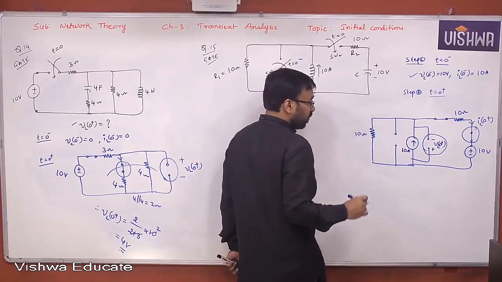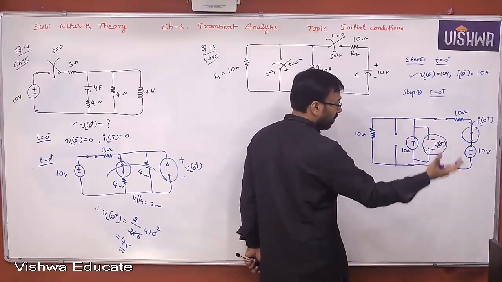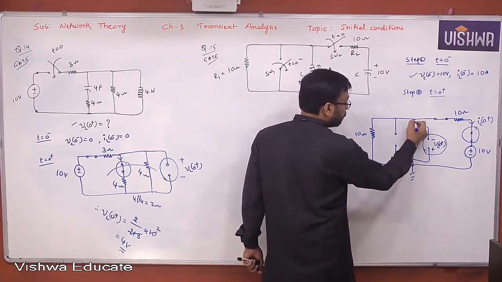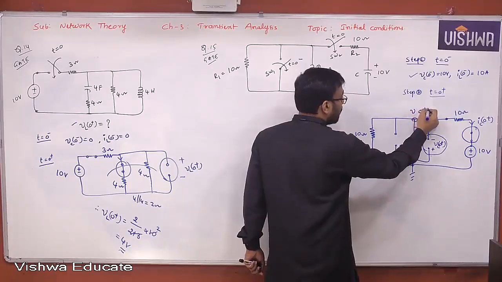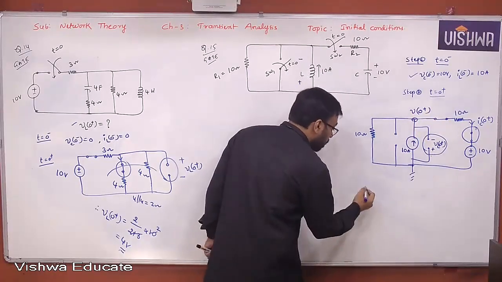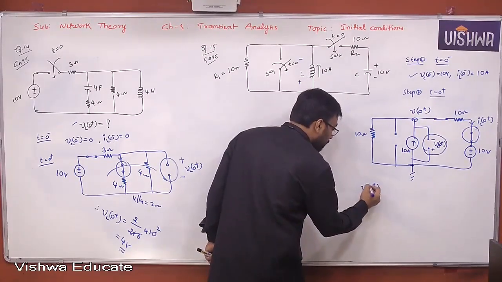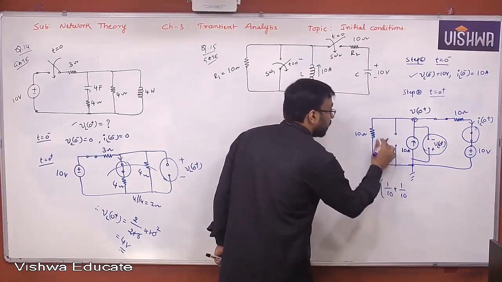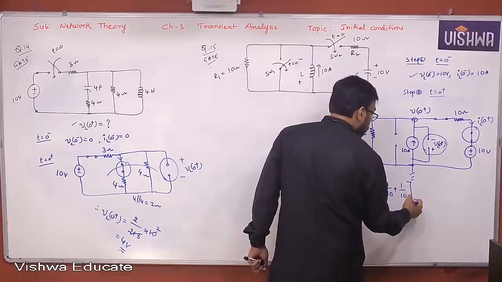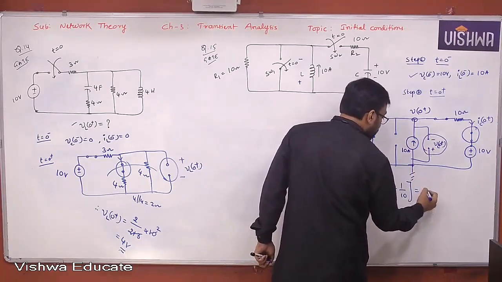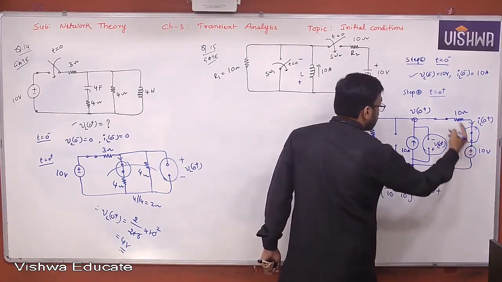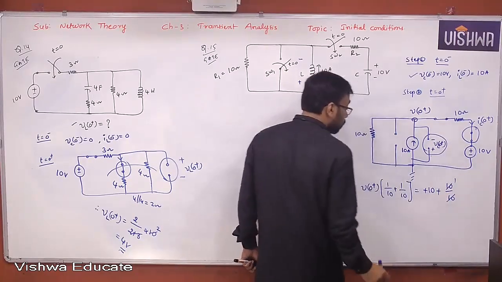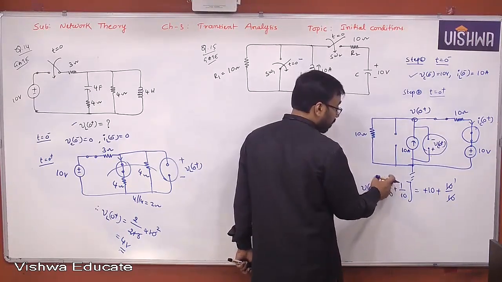Now, you would like to find these values. How do you find them? Just by simply solving the network. When you have multiple sources, obviously you can go with node analysis. V of 0 plus times (1 by 10 plus 1 by 10) is equal to 10 plus 10 by 10 plus 10 by 10, which is 2 by 10, that is 1 by 5.